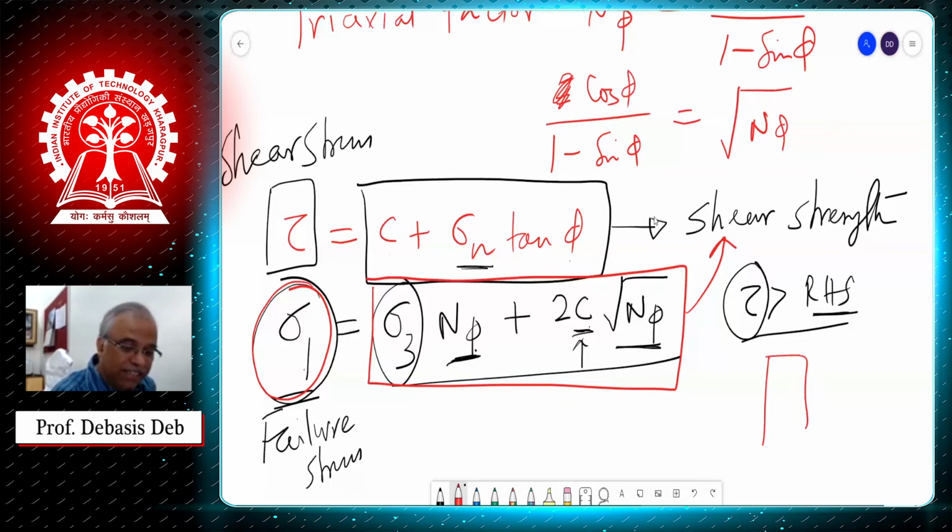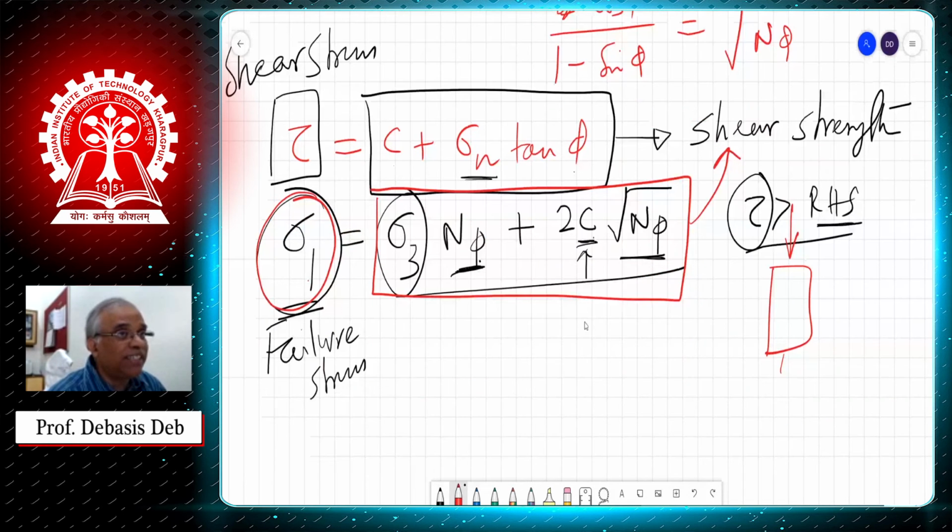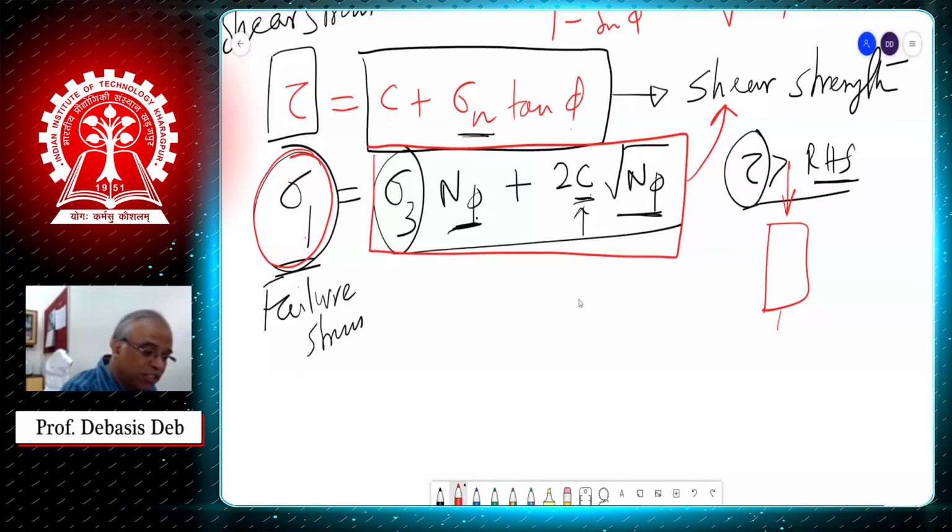Axial meaning in that axis of the sample, we are applying the load. So this is also a strength of the same material, and this is the failure stress. We are just converting the axis. So this part remains strength and the left hand side remains the stress. So under this situation, what is the factor of safety? It is a very important concept.